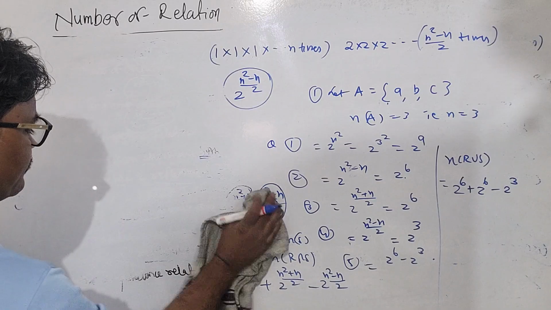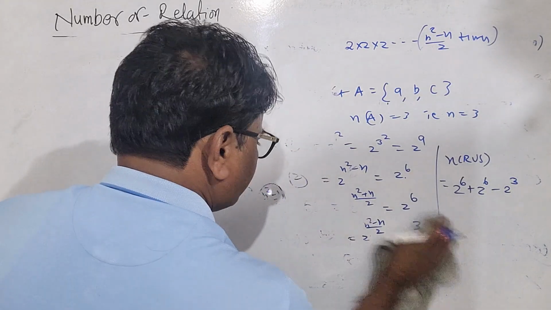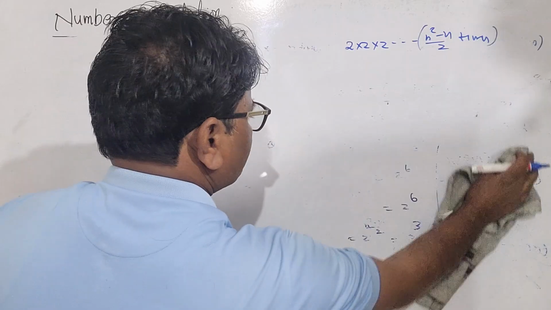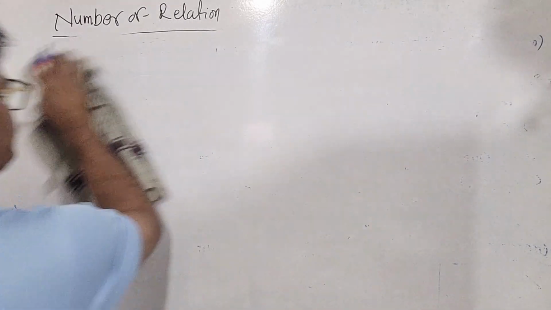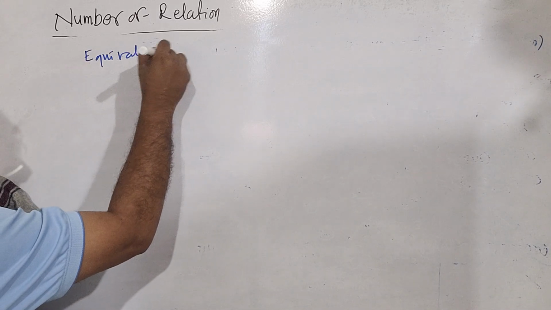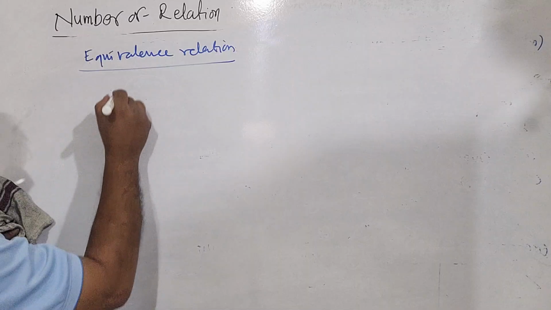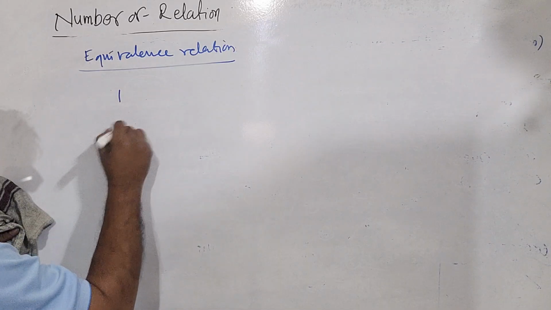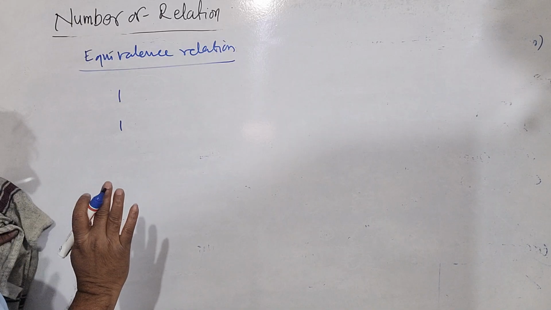Now coming to the number of equivalence relations. For equivalence relations, you have to understand the shortcut process. See, what we will do? First write down 1 here and 1 here. Correct?